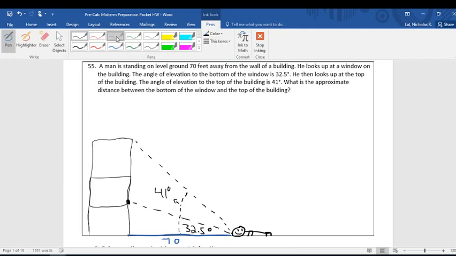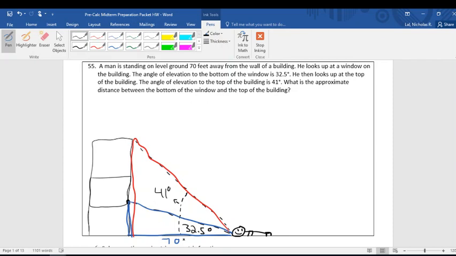And what we have drawn here is two right triangles. We need to find the height of the blue triangle and the height of the red triangle. So how can we find these heights once we're able to draw the problem? Well, we can use the tangent function.